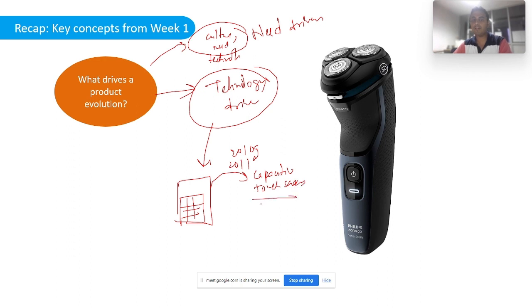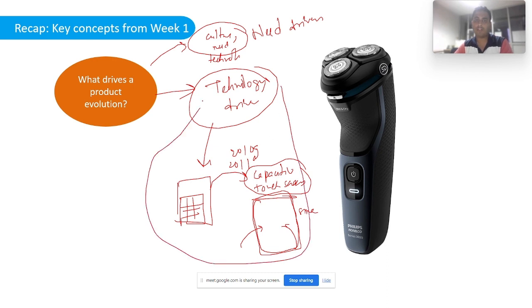Because of that, Apple and Samsung launched smartphones. It was not a requirement asked by the consumers, but something placed in the market because you have a trendy technology, and then people got used to this technology. That's why we have smartphones. So this way of product evolution is technology driven.